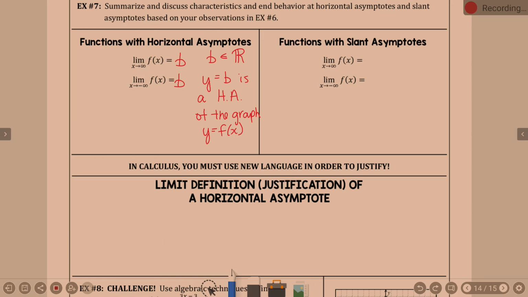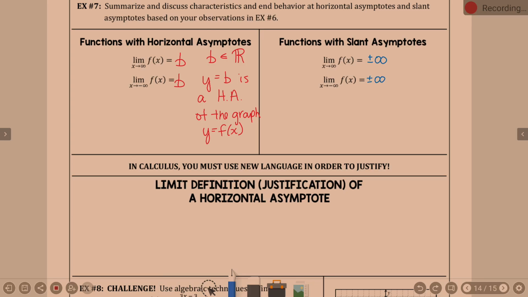Now, functions with slant asymptotes. Well, that was example C. What was example C equal to? Infinity, or depending on which way that slant asymptote goes, it could also be equal to negative infinity. So it all depends on which way the graph is going and which way the slant asymptote goes, but either positive or negative infinity, which is exactly what the page before last said.